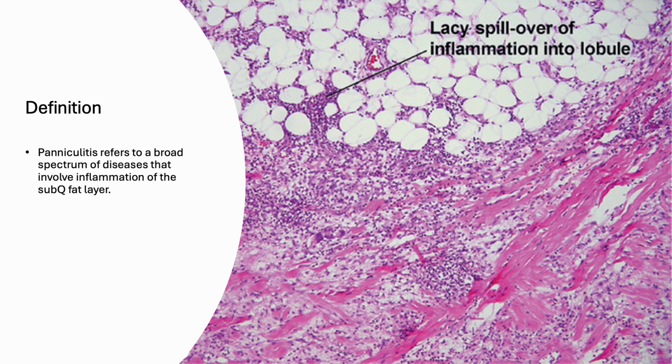Panniculitis, by definition, means inflammation in the subcutaneous fat layer. It has a very broad spectrum of diseases. I can list maybe 15 different disorders, but for your residency training purposes, I think mastering the following 4 or 5 should be enough.